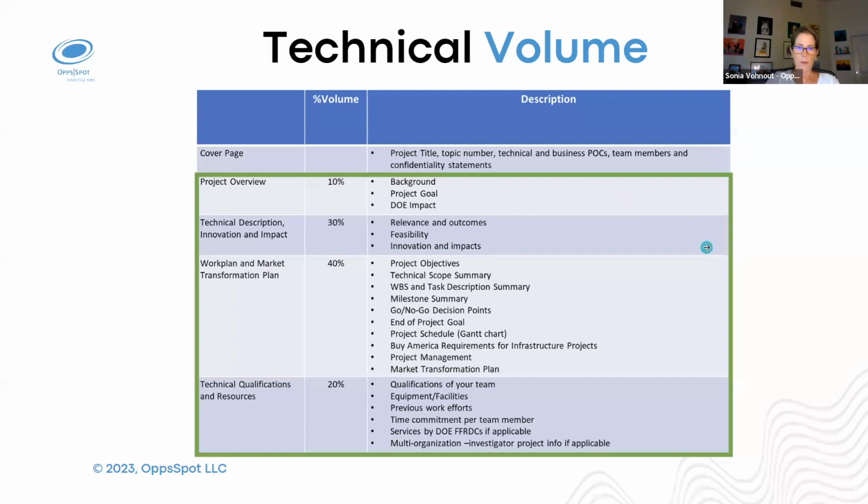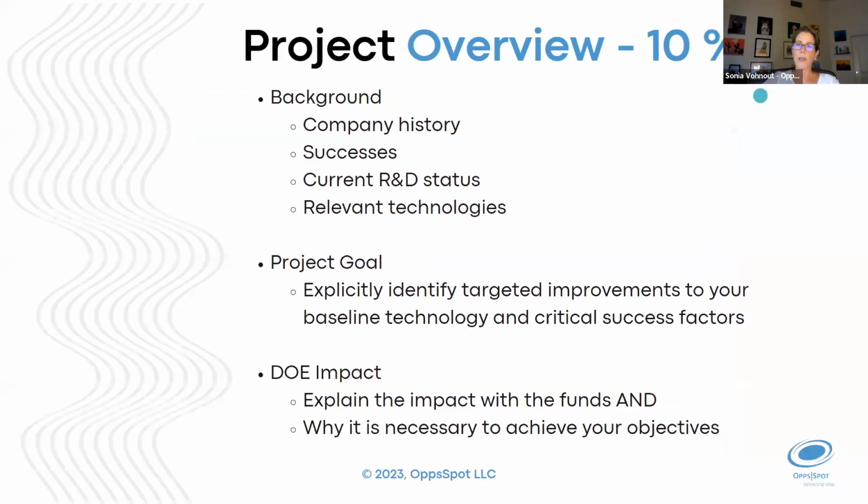So let's go project overview. So about 10%, 1-2 pages are going to be to summarize. This is like an executive summary. So you get to brag about your company. Who are you? Do you have success? What have you done with regards to R&D and the status?